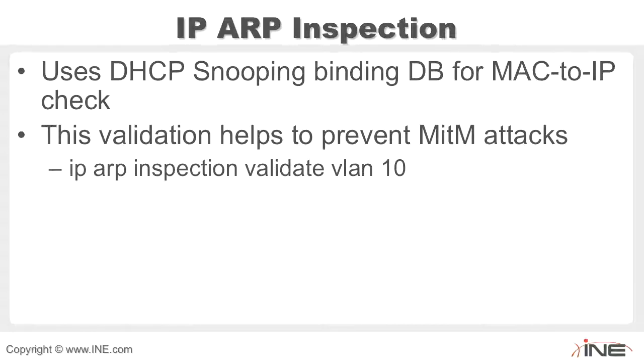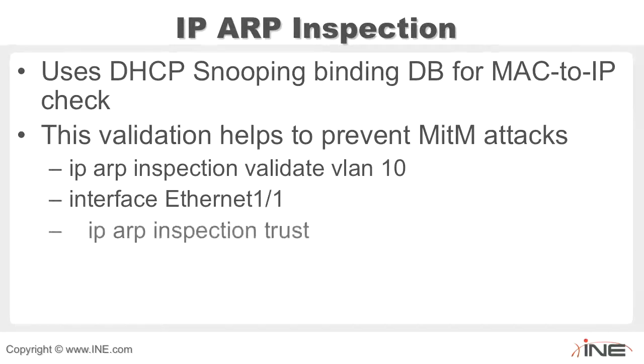And then what happens is we have this ip arp inspection vlan command for the particular VLAN. And then, of course, we can also trust particular interfaces. We would trust, for instance, the DHCP server, certainly, or any interface that is not going to have a dynamic mapping. So basically any interface that's not going to get DHCP information.